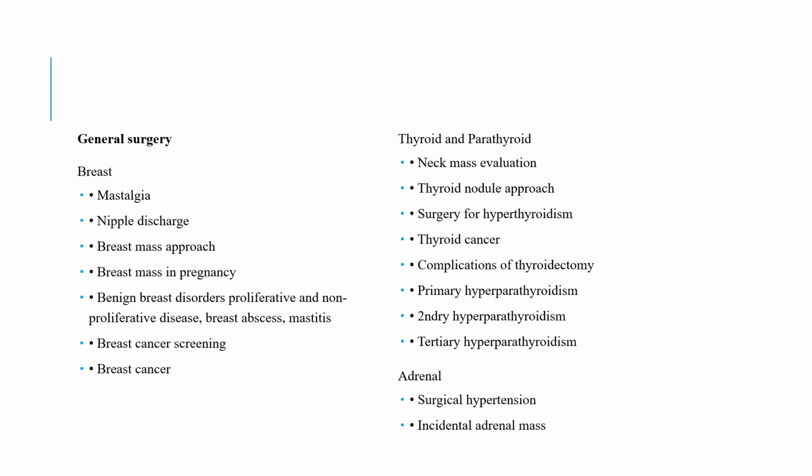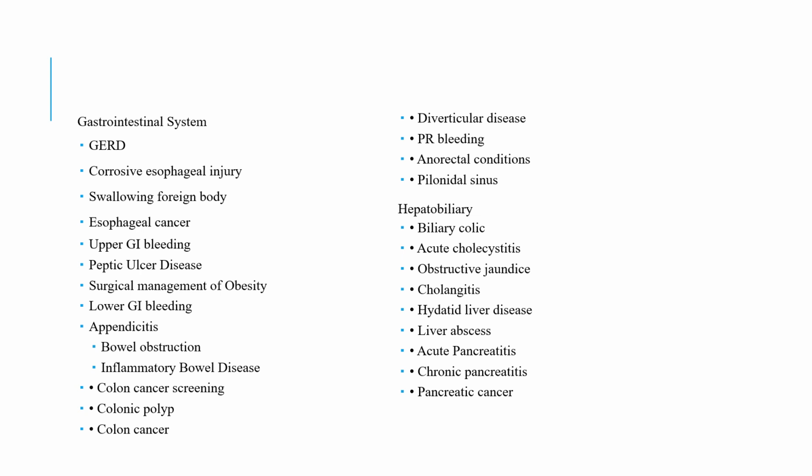Thyroid cancer, complications of thyroidectomy, primary hyperparathyroidism, secondary hyperparathyroidism, and tertiary hyperparathyroidism. You have to know the differences between them. They usually give a scenario with the lab values, and you have to differentiate between all of that. Coming to adrenal: surgical hypertension and incidental adrenal mass.